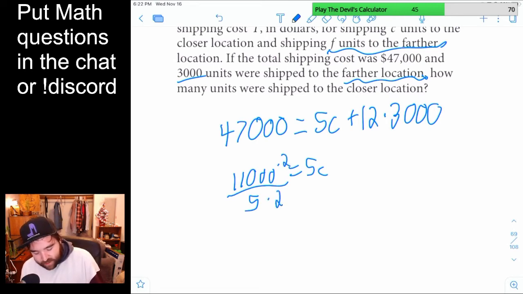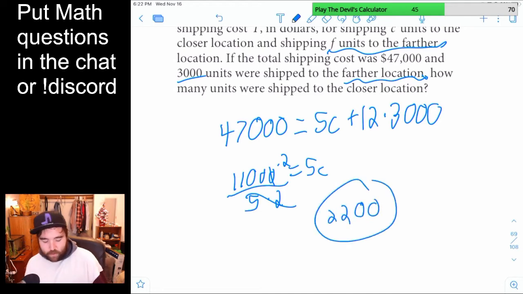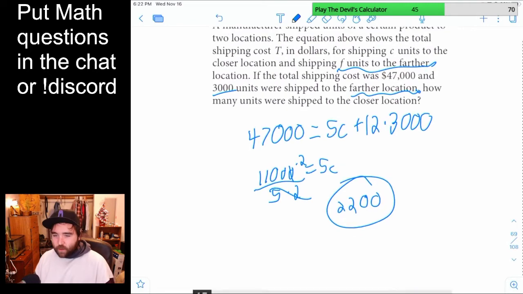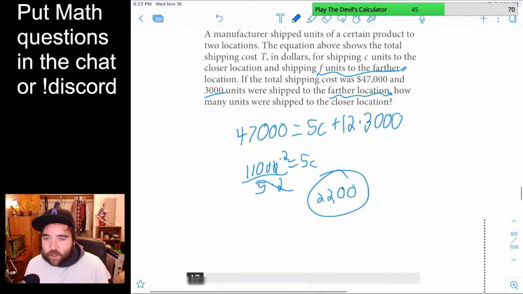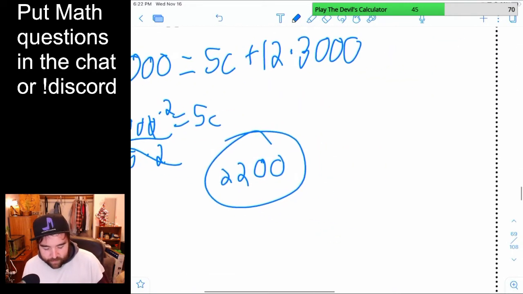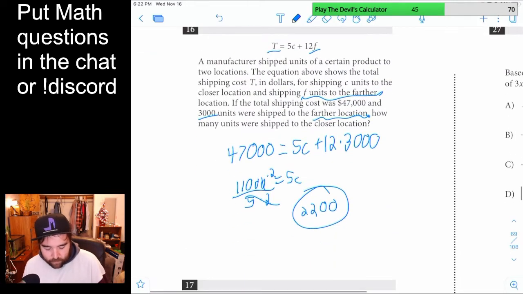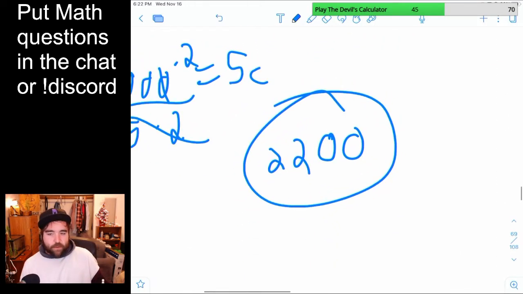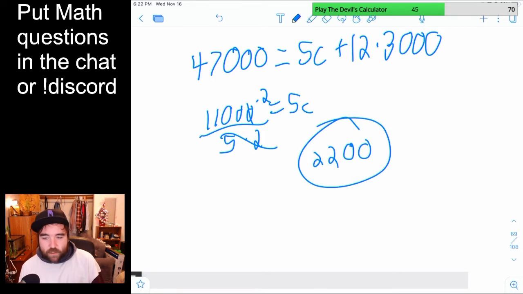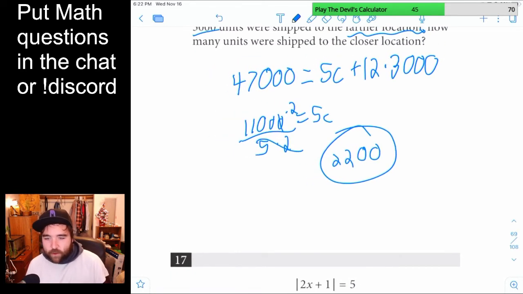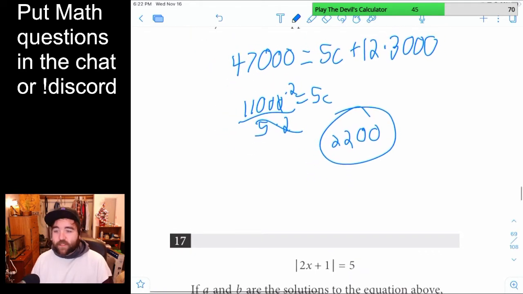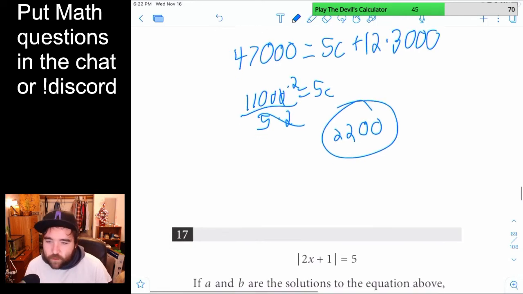Remember, I always do this technique: we cross out one of the zeros, and we get 2,200 close packages. I was worried the number was going to be too big, because that's another tip on these fill-in-the-blank answer choices. You can only enter 4 numbers, for 4 symbols even. So I was worried it was going to be 22,000, but it's not, because one of the zeros cancels. So it's 2,200.